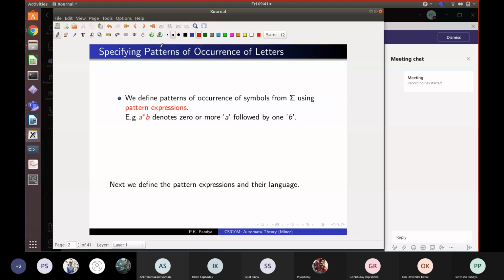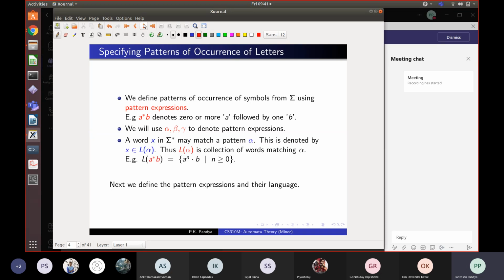Next. Okay. We will use Greek symbols alpha, beta, gamma to denote pattern expressions. So, X, Y, Z range over words and A, B, C range over letters or symbols of sigma, and alpha, beta, gamma will range over patterns, right?